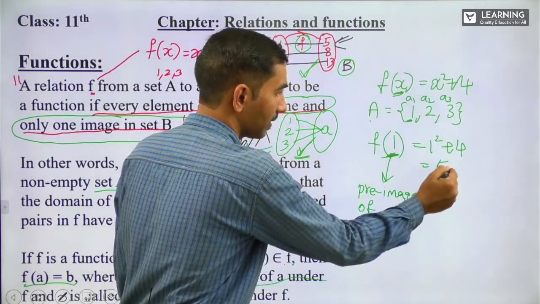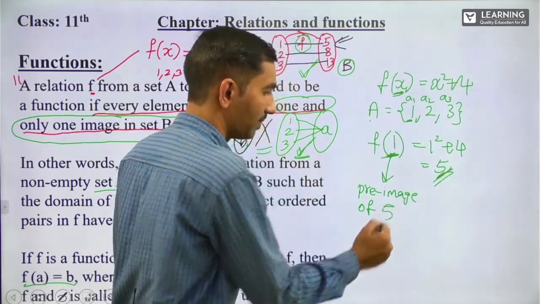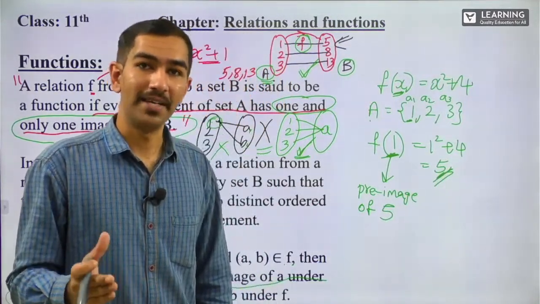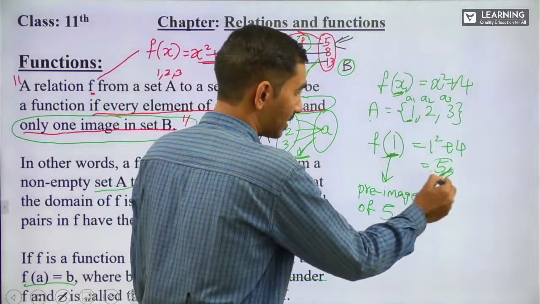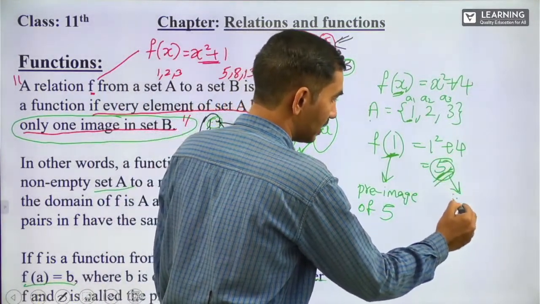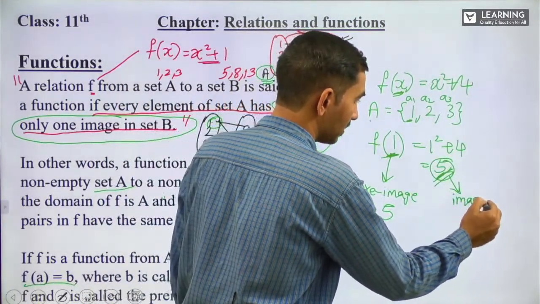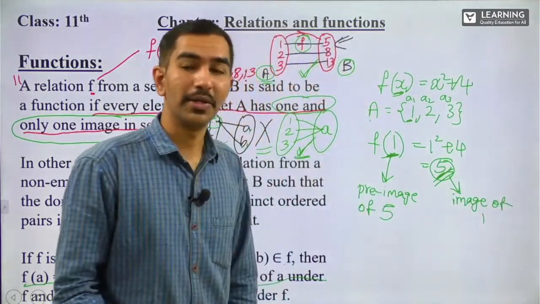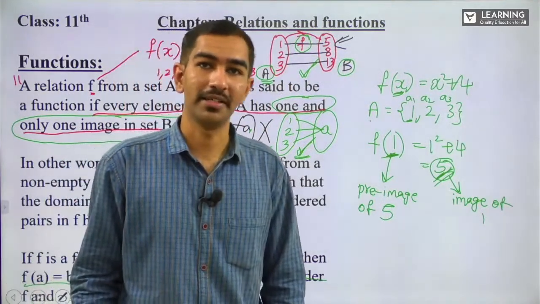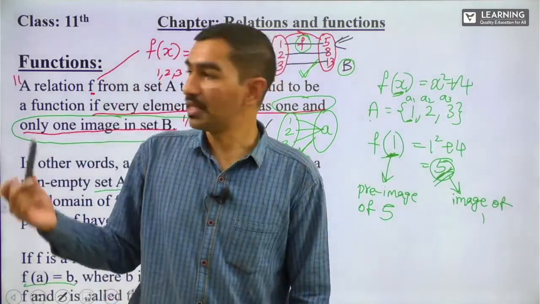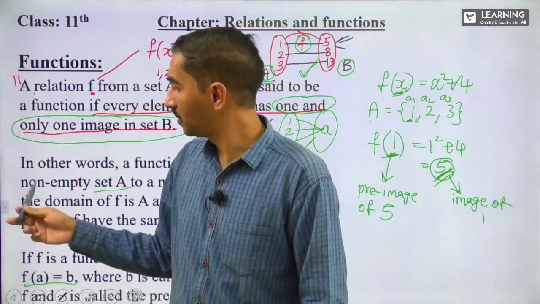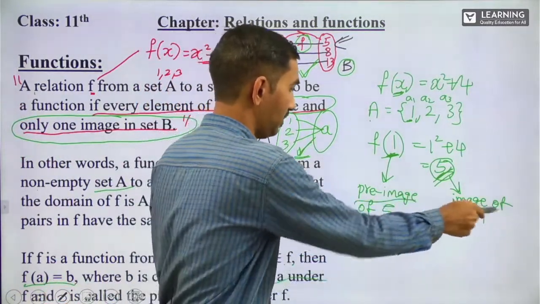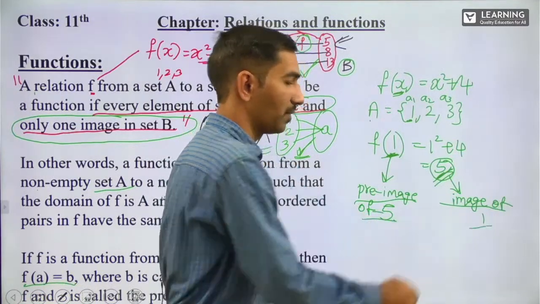Pre-image of 5, correct? 1 is called as the pre-image of 5, whereas 5 is called as image of 1. Okay, so that is what is written in the third definition. So I have explained all the three definitions here, 1, 2 and 3. Okay, so pre-image, image of 5 of 1.